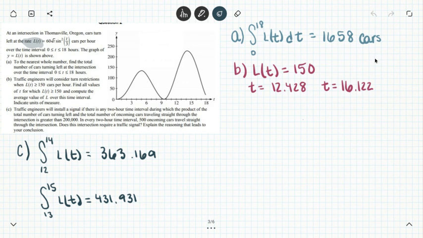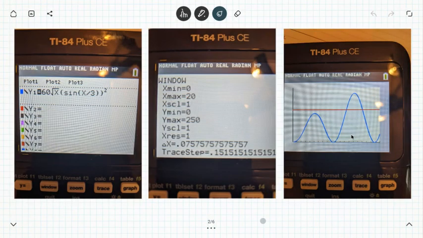For B part, we're asked to find if there's any time it's over 150. You can look at the graph, kind of draw your line through there, and you can see that there's a piece of that graph that goes above 150. What I did to find these two answers, again, let's get back to the calculator.